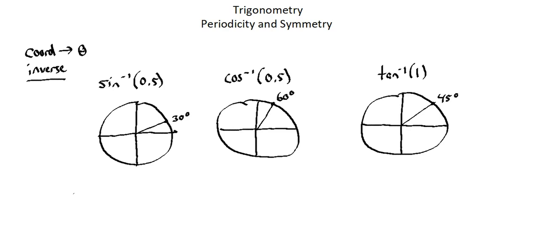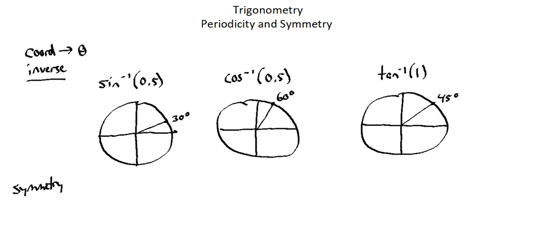Now, in understanding symmetry, we want to think about what is the sine coordinate. The sine coordinate is the y value. So when I say that the sine of 30 degrees is 0.5, or more specifically, knowing that the sine value is 0.5, an angle, not the angle, but an angle with that sine value is 30 degrees, it's because of the y coordinate.